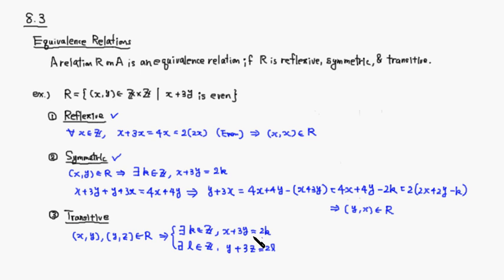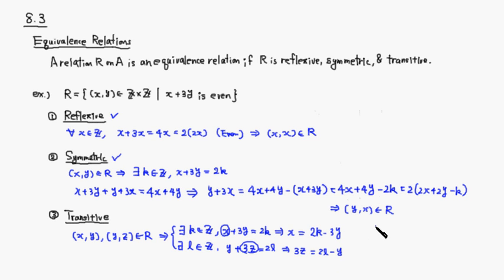Then since we're interested in showing x is related to z, I'm going to keep x here. So I'm going to write x equals 2k minus 3y. Then I'm going to keep 3z, so 3z is equal to 2l minus y.